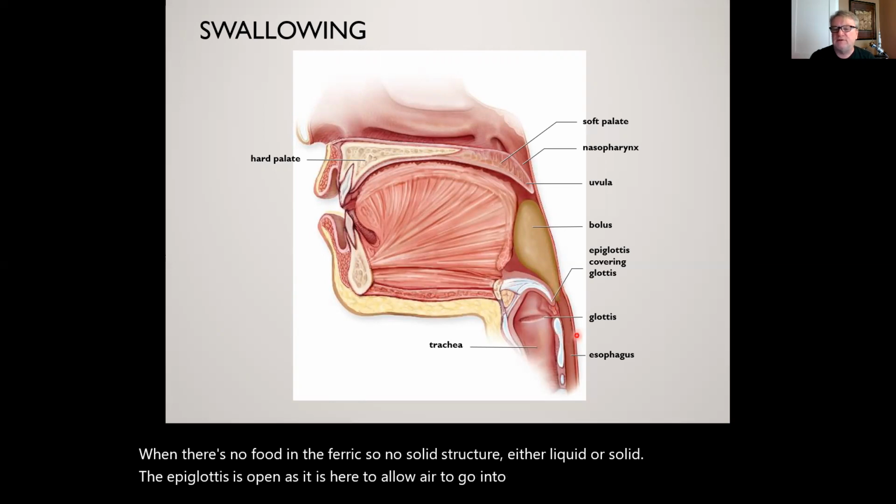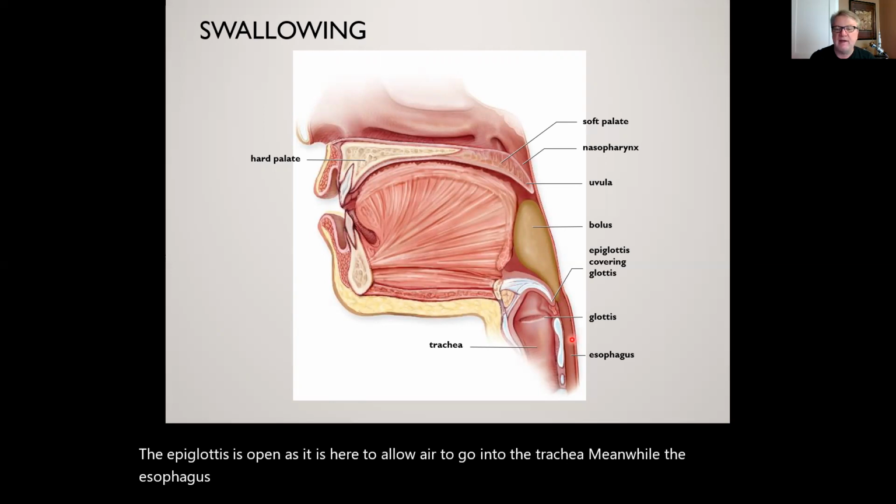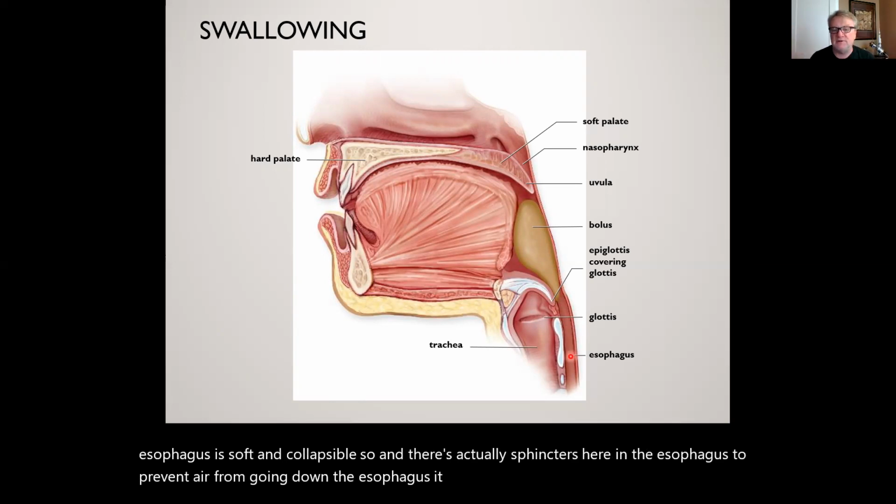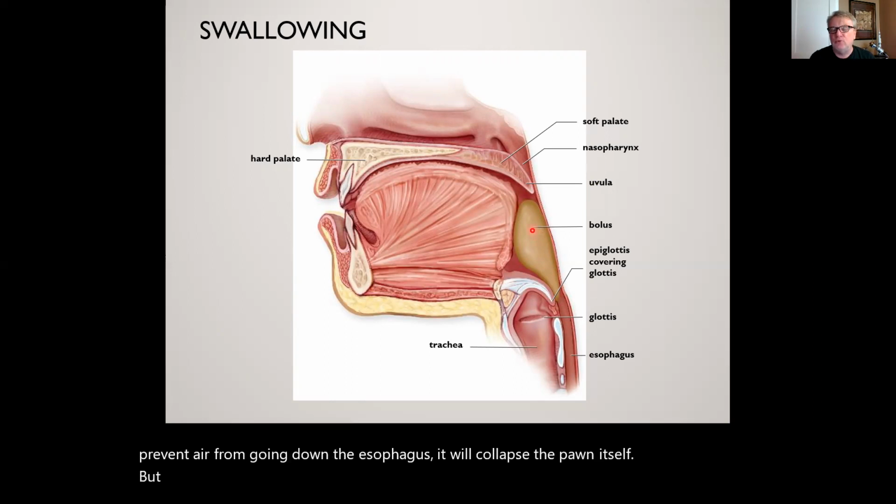Meanwhile, the esophagus is soft and collapsible. There are actually sphincters here in the esophagus to prevent air from going down the esophagus. It will collapse upon itself. But when a bolus of food comes into the pharynx, it will physically push the epiglottis down to cover up the hole between it and the glottis.